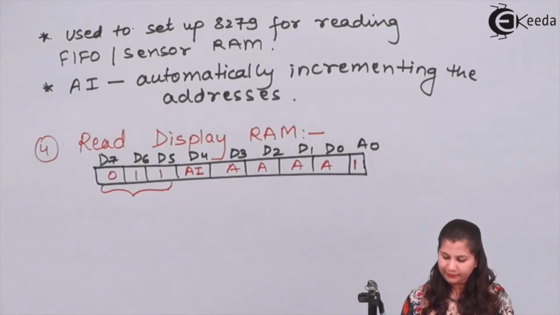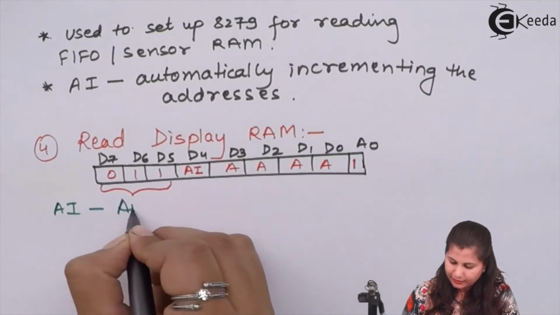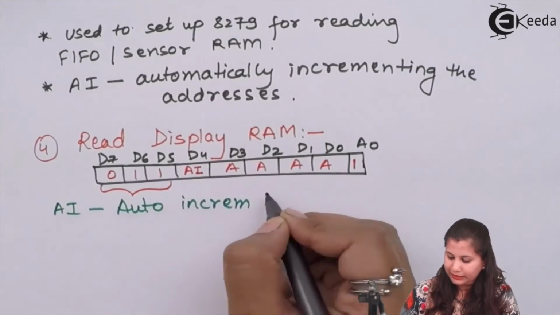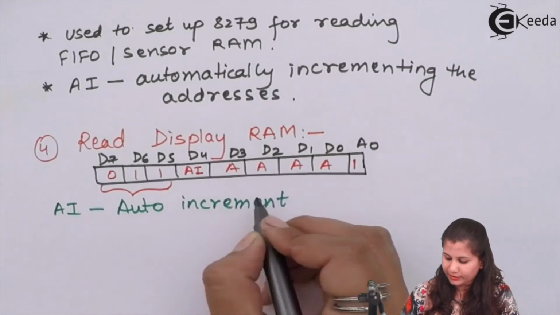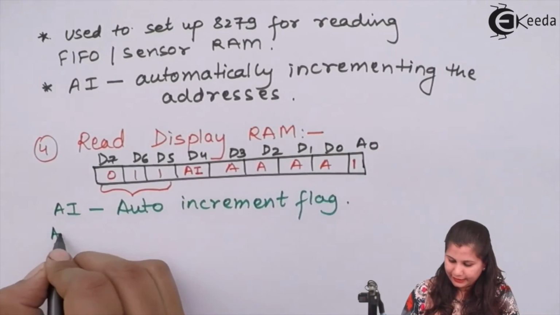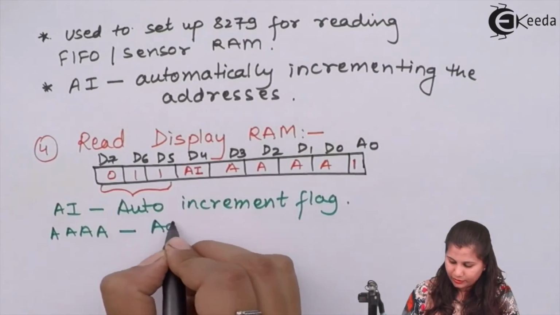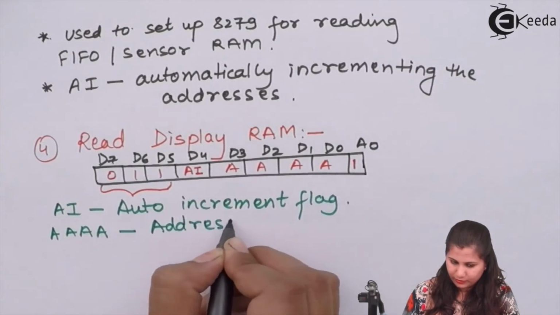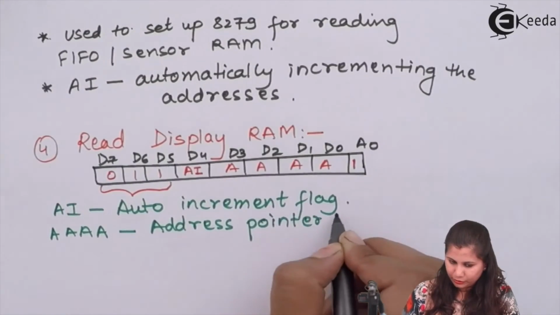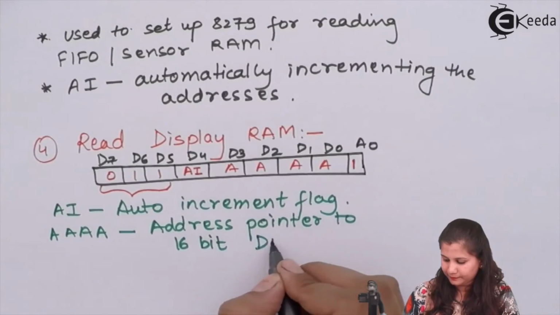Here I'm writing that AI is the auto increment flag, which automatically increments the addresses, and AAA is the address pointer to the 16-byte display RAM.